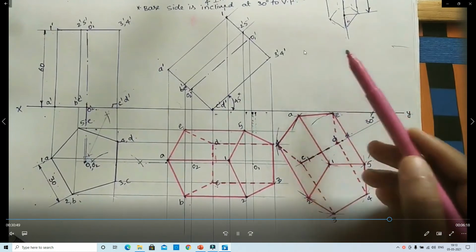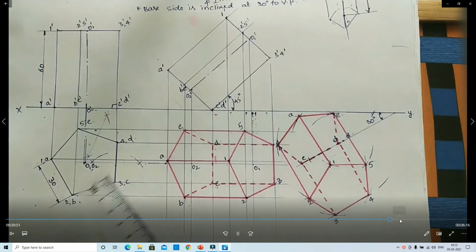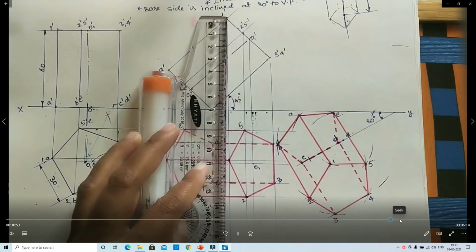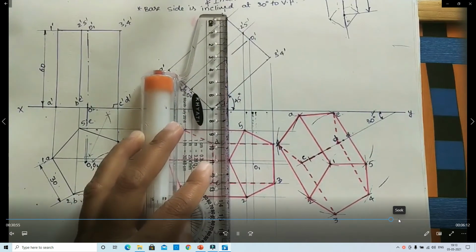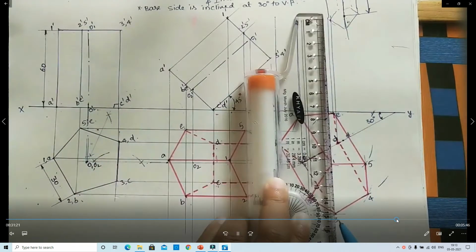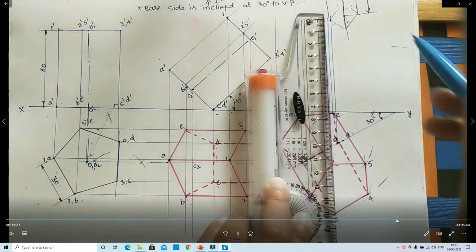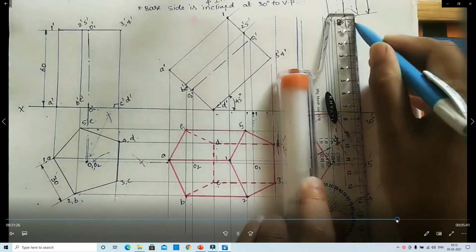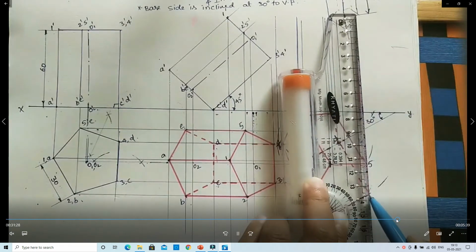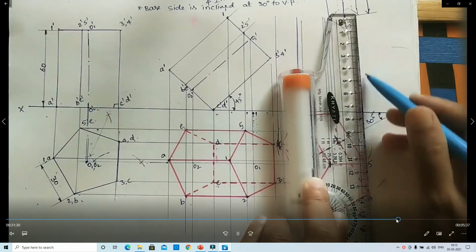Now you extend these lines above the reference line with the help of the scale. Here wherever the points are, same. Okay. In this way you extend here.